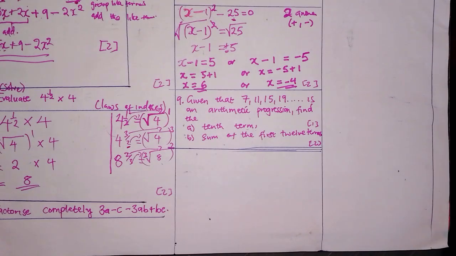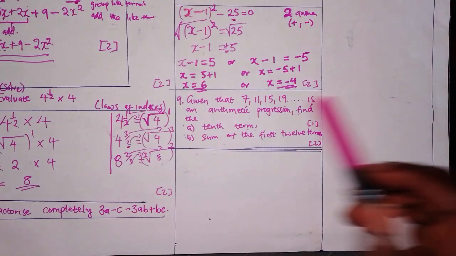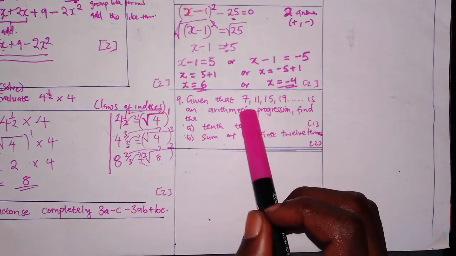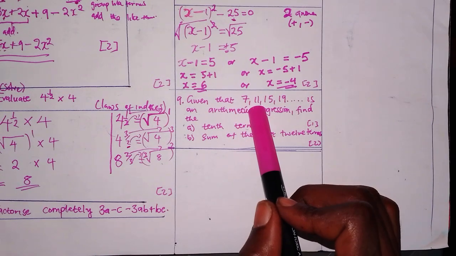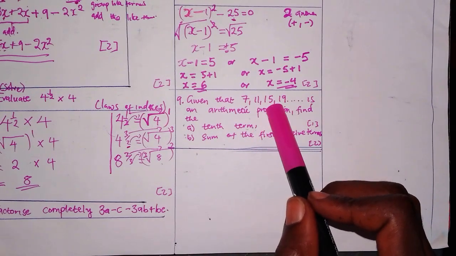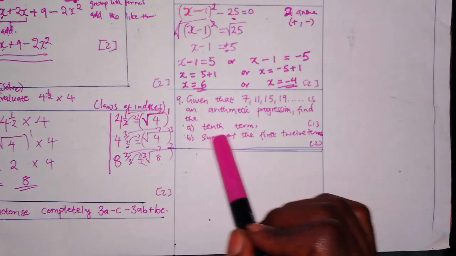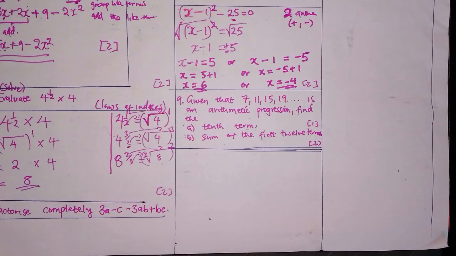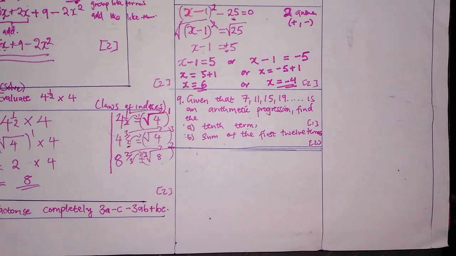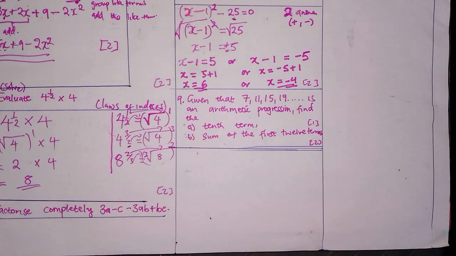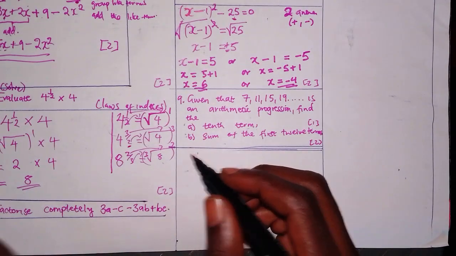So we are saying that the question is saying, given that 7, 11, 15, 19 is an arithmetic progression, find the 10th term. So for those of you watching this video for the first time, you might not understand what arithmetic progression means. So imagine you are climbing the stairs. So these stairs represent what?